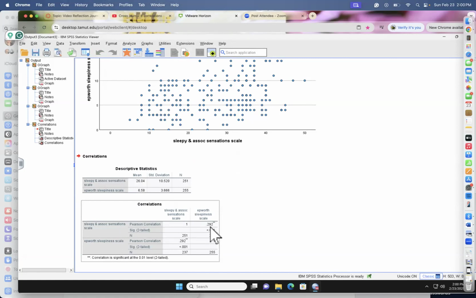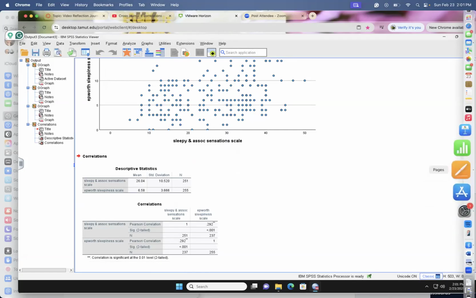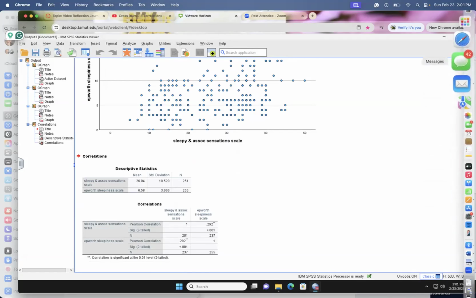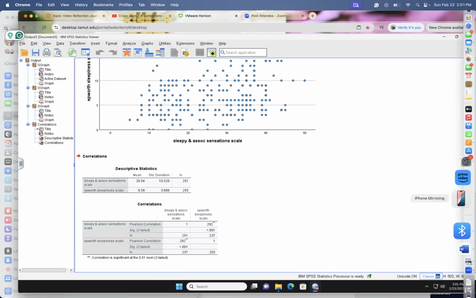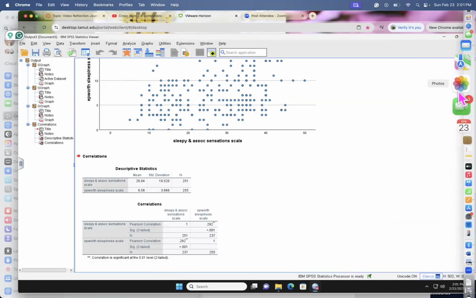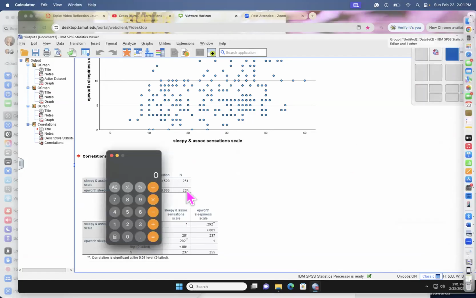Now we need to calculate the coefficient of the correlation. So I'm going to go ahead and open up my calculator if I can find it over here. Where is my calculator? Here's my calculator. So I'm going to take the R2.